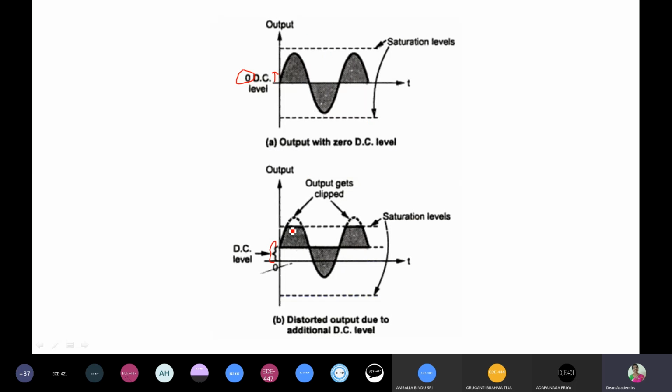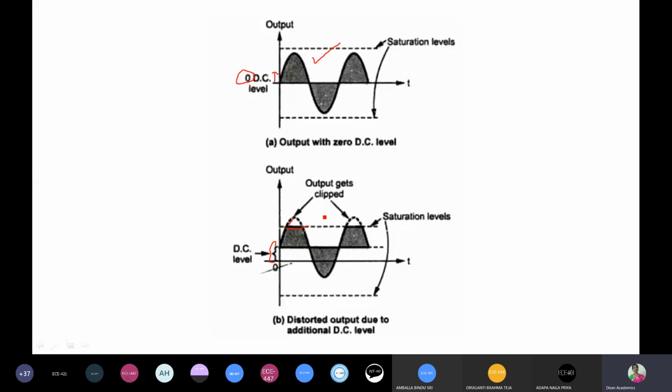The output is beyond that, so because of this shift the waveform will be clipped off. This is the clipped waveform. The input is a sinusoidal wave and the exact shape should appear at the output, but because of the presence of DC voltage the waveform is clipped off, and therefore the shape is different from the expected waveform shape.